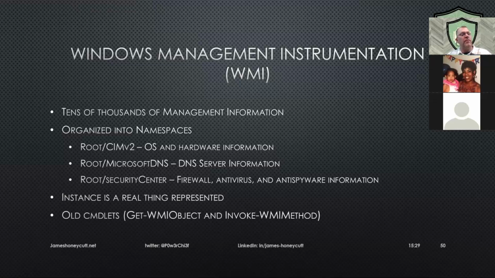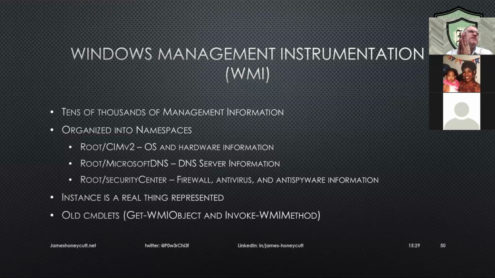So now that we've moved to CIM, I was in one of the blog posts, and it's not part of this presentation, and it's something I'm going to dig into deeper and maybe come up with a talk later. There's this thing that I saw called OMI, the Open Management Infrastructure, that we can install in Linux.